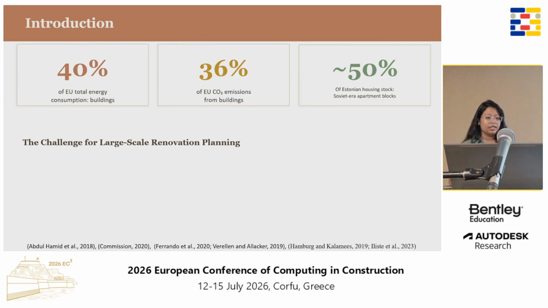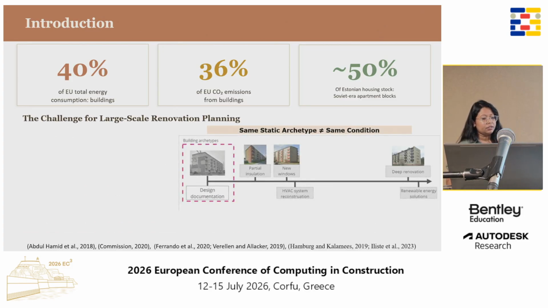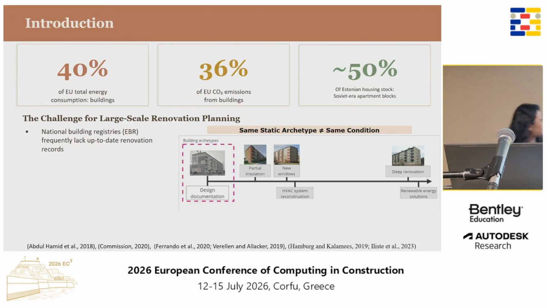The problem here is that in the national building registries, these buildings are treated as a building archetype, which is the first building. But in reality, these buildings have been through different types of renovation, and the renovation process is very incremental and uneven over the decades.